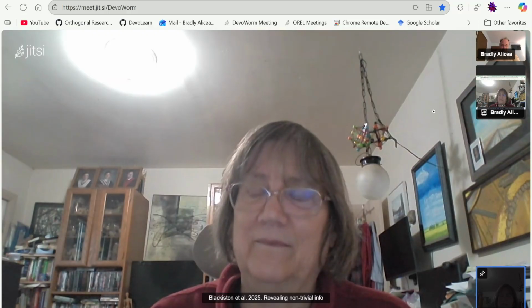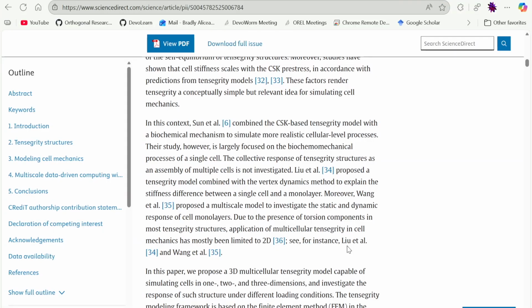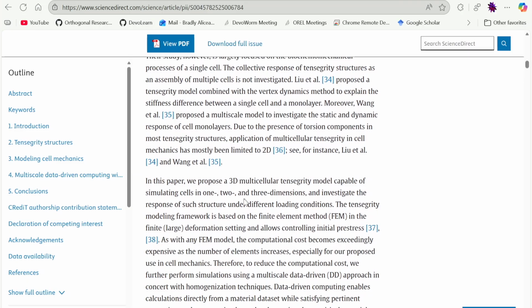Yes. So if we go back to the paper, they propose a 3D multicellular tensegrity model capable of simulating cells in 1, 2, and 3 dimensions, which is kind of the answer to a lot of these modeling problems, and investigate the response of such structure under different loading conditions.